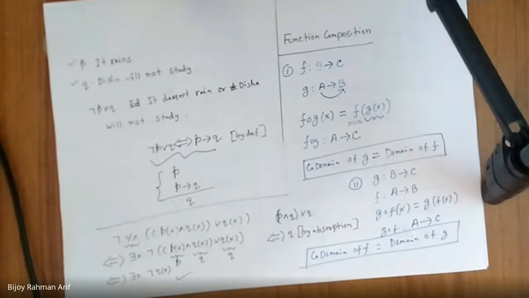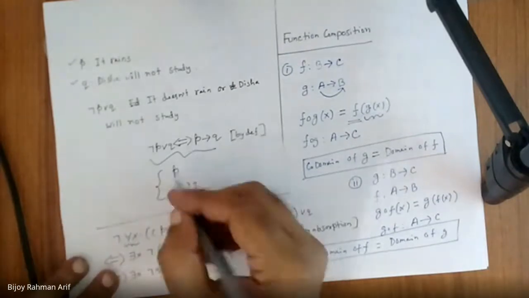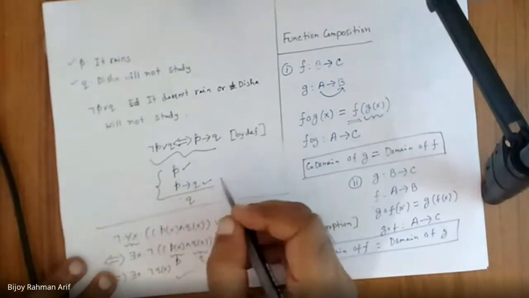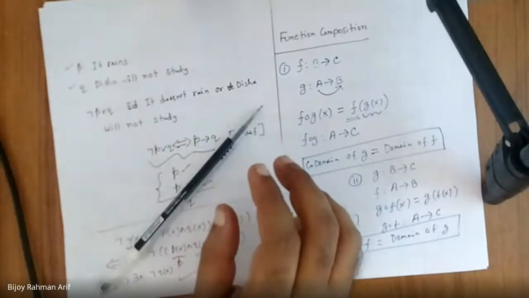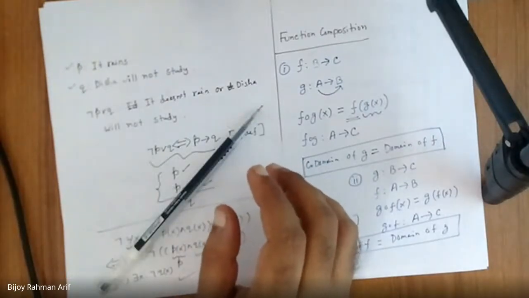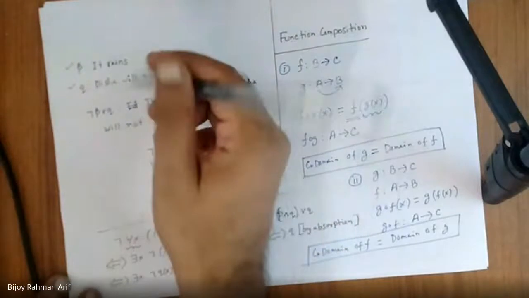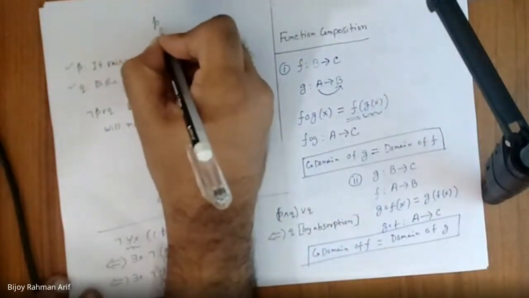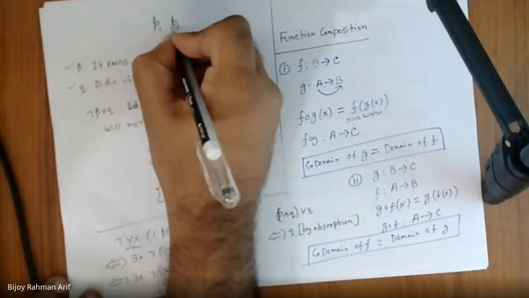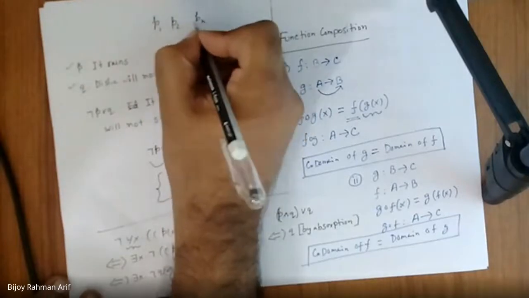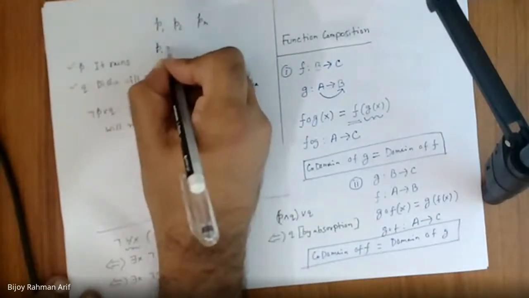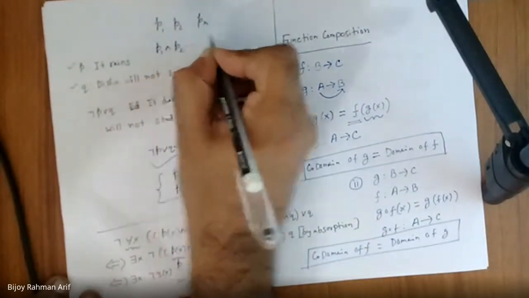But if you go to logical inference, you see all the questions I have done in the class. In all the questions we assume that the first one is true, then the second one is true. It is always considered that both of these are true. That is one of the basics of inference. Can you remember? We said if P1, P2 up to Pn are given, then we join them with P1 and P2 up to Pn.